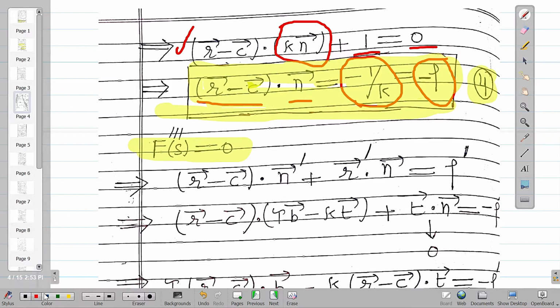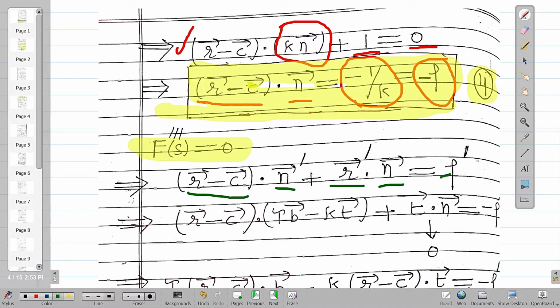So what will we get? If we differentiate this equation, we get (r minus c) dot n dash. Clear? So first we differentiate n, and then r dash, the derivative of r minus c, dot n vector, which is equal to minus rho dash.